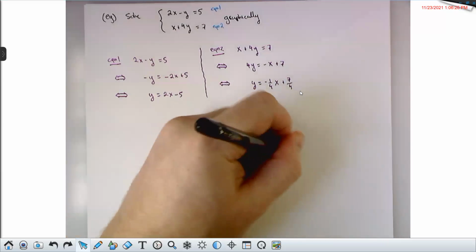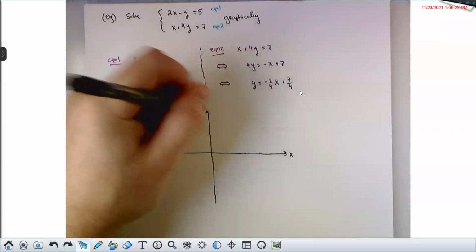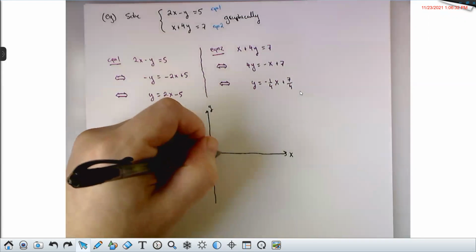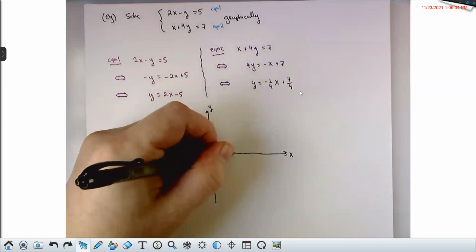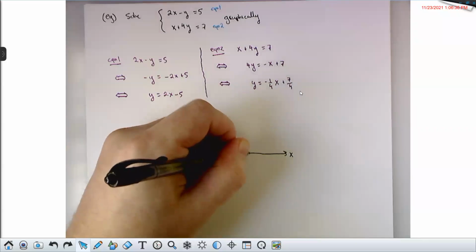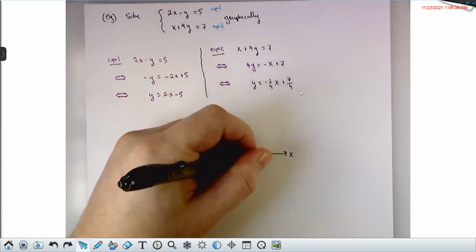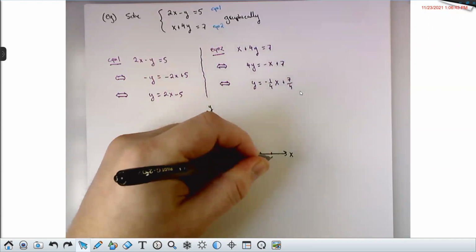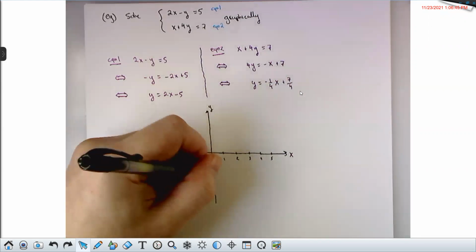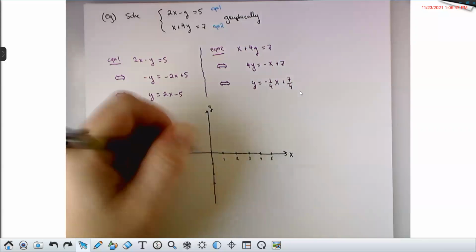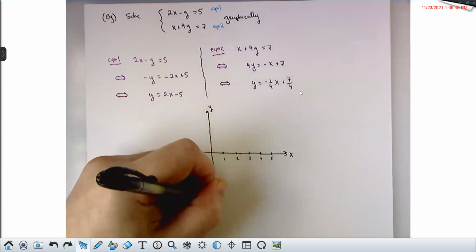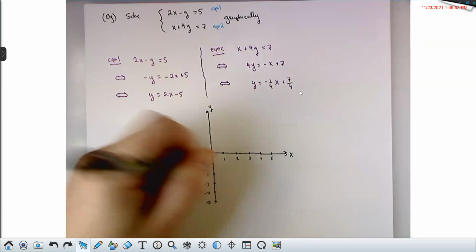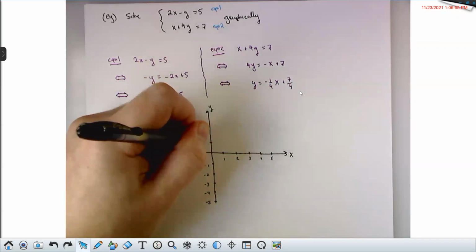Here's my x-axis, here's my y-axis, and I'll give myself a few tick marks to play with.